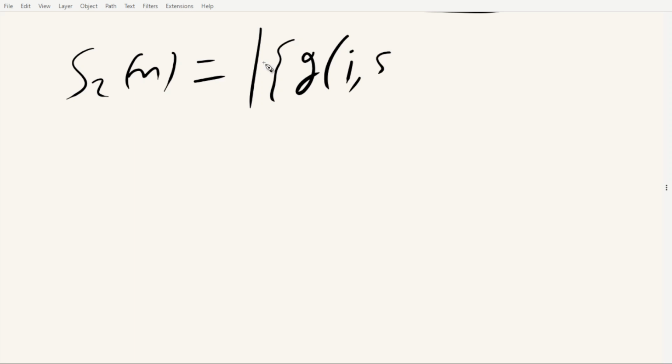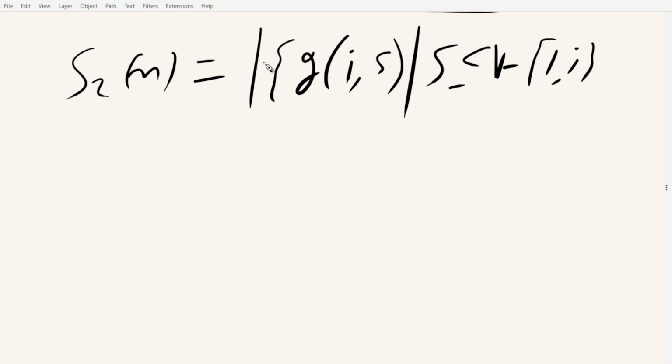G(i, S), all G(i, S) such that S is a subset of V minus {1, i}, and also this i ranges from 2 to n, plus the original problem, which is 1. The original problem is G(1, V minus {1}).